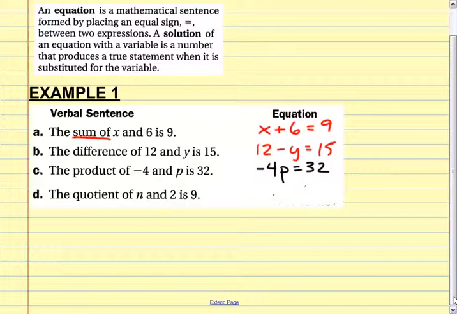Okay. Zachary, will you do the next one for me? What is a quotient? The answer to a division. A division problem, okay? Now it says the quotient of n and 2 is 9. Now how do I write a division problem in the 6th grade, Zachary? You write it as a fraction.